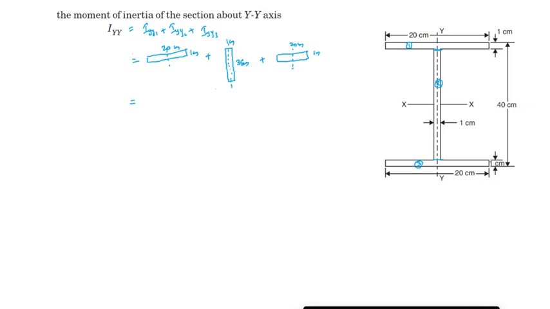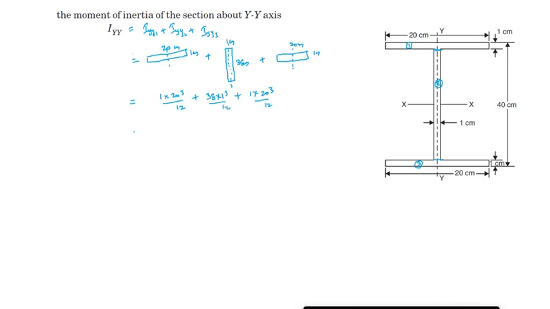For the first case, the lateral dimension is 20, so this will be 1 into 20 cube divided by 12 plus, second case the lateral dimension is 1 centimeter, so that will be 38 into 1 cube divided by 12 plus again 1 into 20 cube divided by 12.